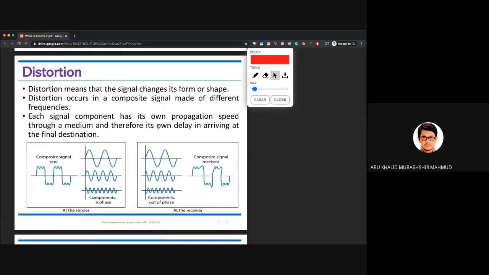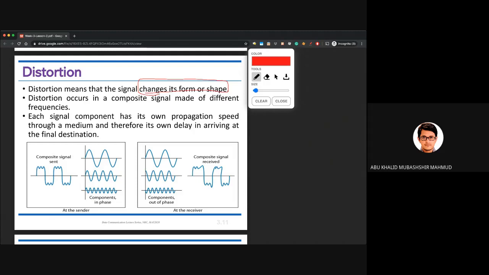Now we arrive at the next type of transmission impairment, distortion. Distortion means the signal changes its form or shape. Attenuation was the loss of energy, but distortion is the actual change in the form or shape.